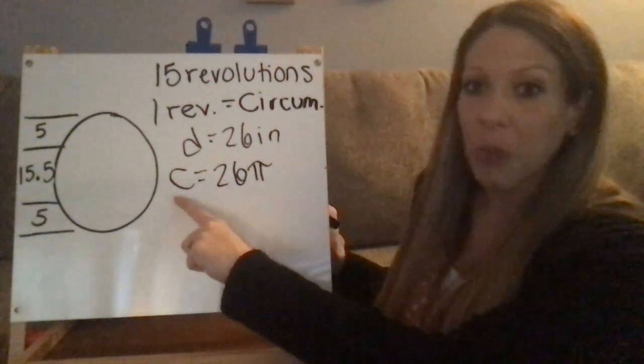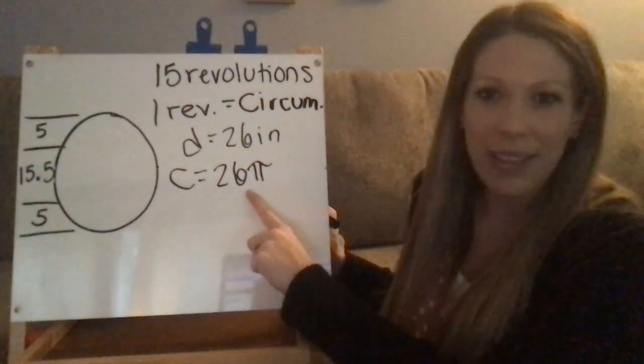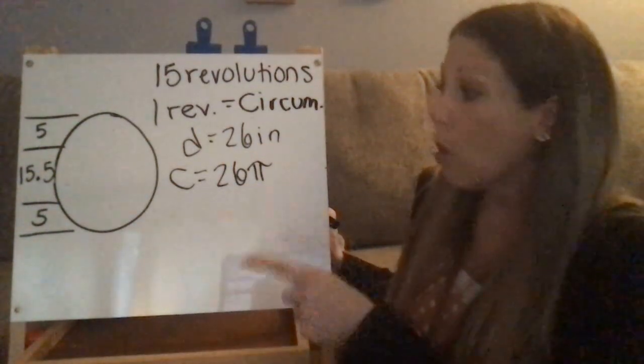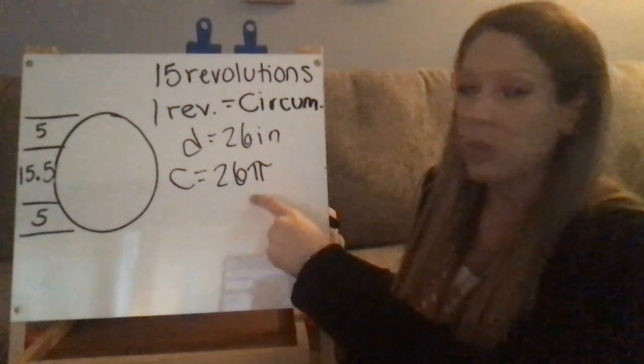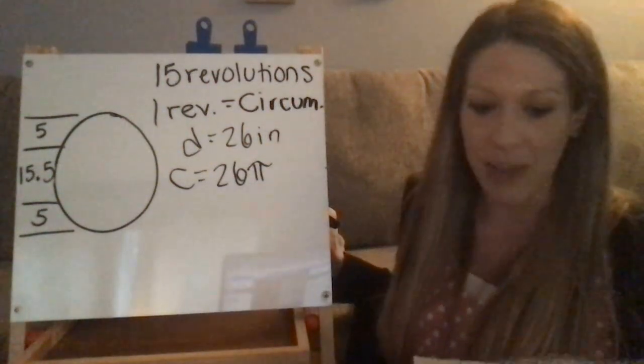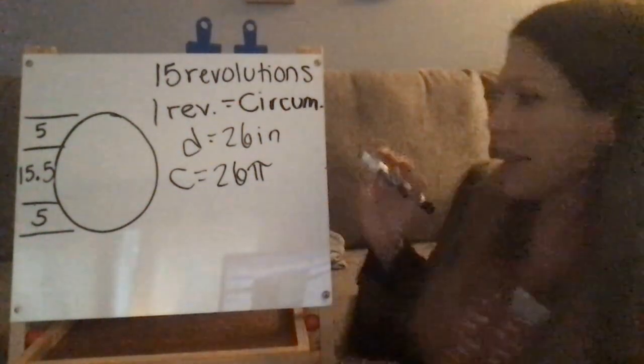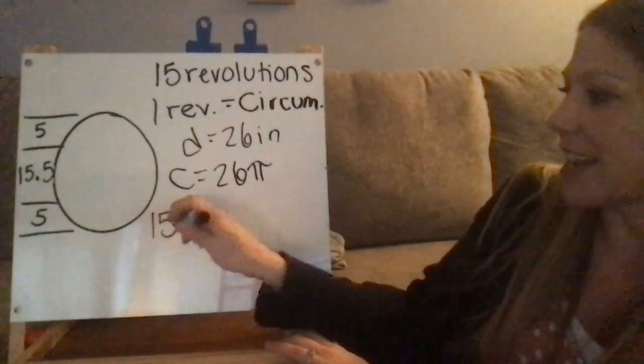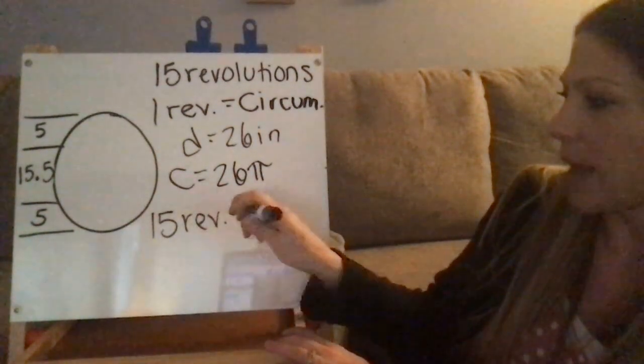So in other words, 1 revolution is going to take us 26 pi, which means 15 revolutions, we would just multiply 26 by 15 and get 390 pi.